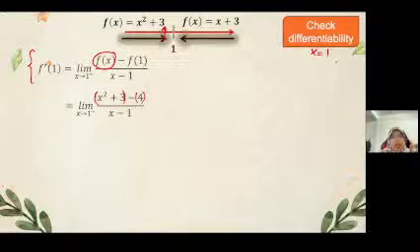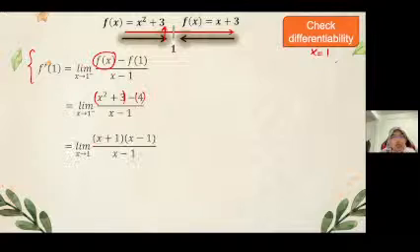Simplify them, so we get 3 minus 4, so this one will become x squared minus 1. So this is the limit for x approaching 1 of (x squared minus 1) over (x minus 1).